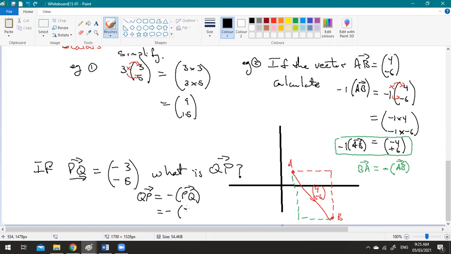So negative, -3, -5, and then we would multiply. Anytime we have a negative sign, we understand the number to be 1. And then we will multiply. -1 by -3 is +3. -1 by -5 is +5. So the change of direction would be +3 and +5. So that's how we change the direction.